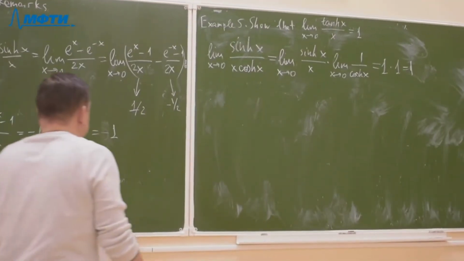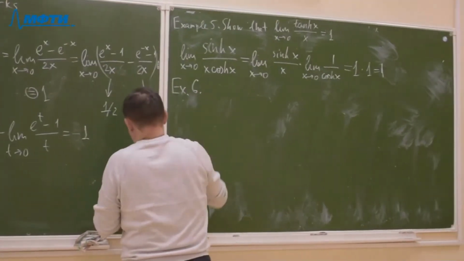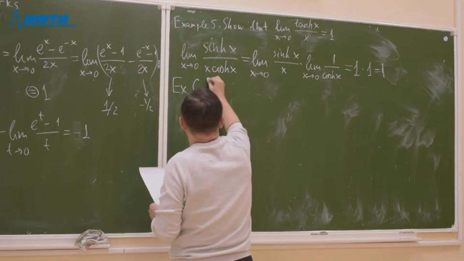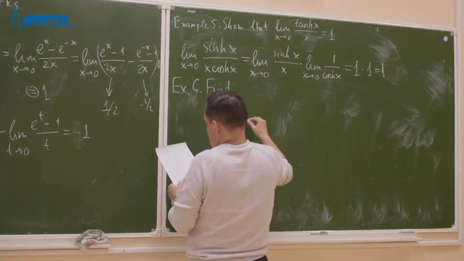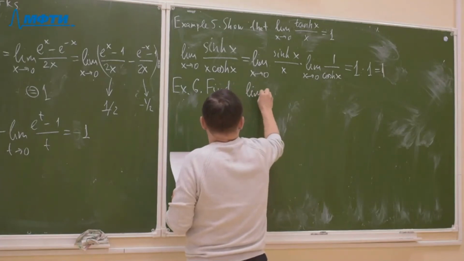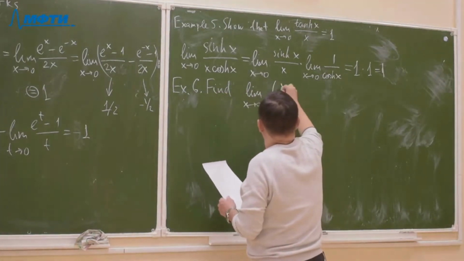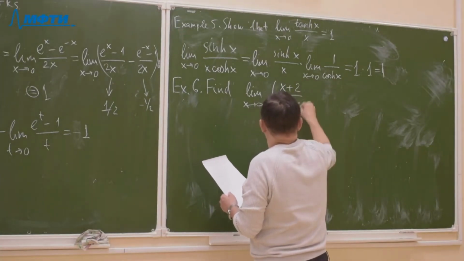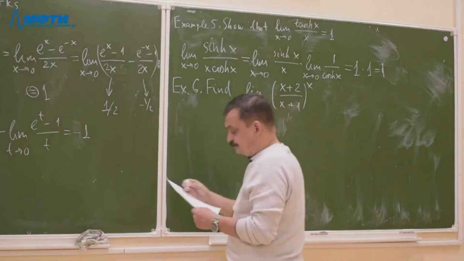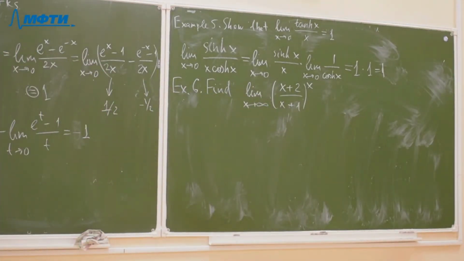Next example, example 6. Find the limit as x tends to infinity of ((x plus 2) over (x plus 1)) to the power x.